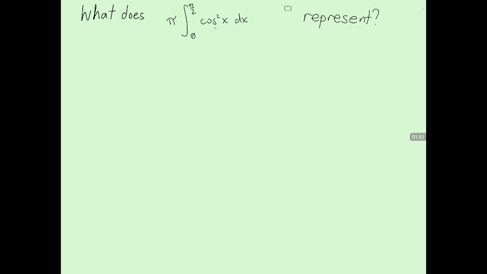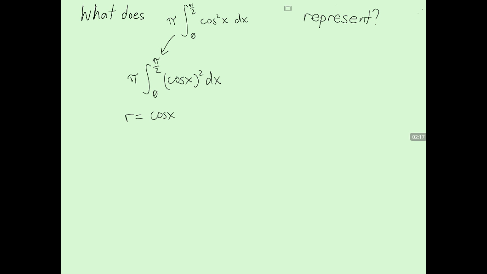So why not let our y be cos x, because it is already squared? So we can take this and rewrite this as pi, the integral from 0 to pi over 2, cos x squared dx. So right now we can have our radius be cos x.